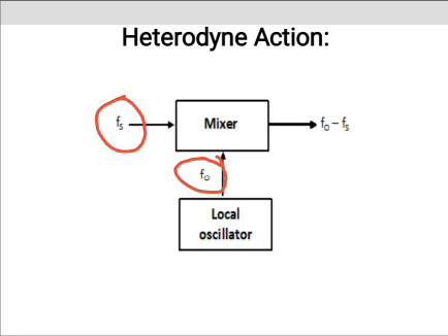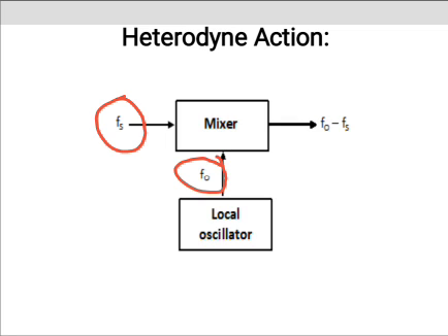That means suppose Fs is heterodyned with another signal frequency F0. F0 is produced by the local oscillator. The local oscillator consists of tank circuits, which are a combination of inductance and capacitance, which produce a particular frequency, that is F0.